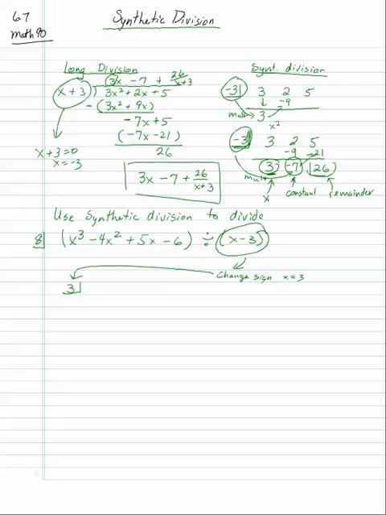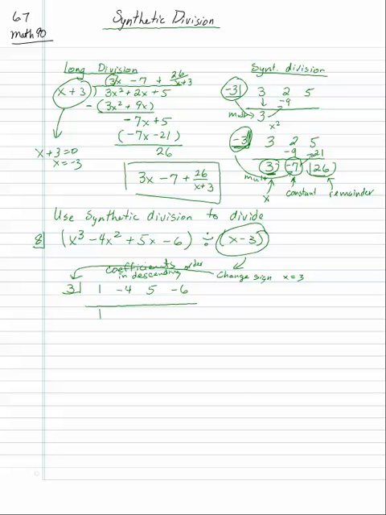And then you're going to put in your coefficients in descending order, and put in any missing zeros for any missing terms. So it's 1x cubed minus 4x squared plus 5x minus 6.